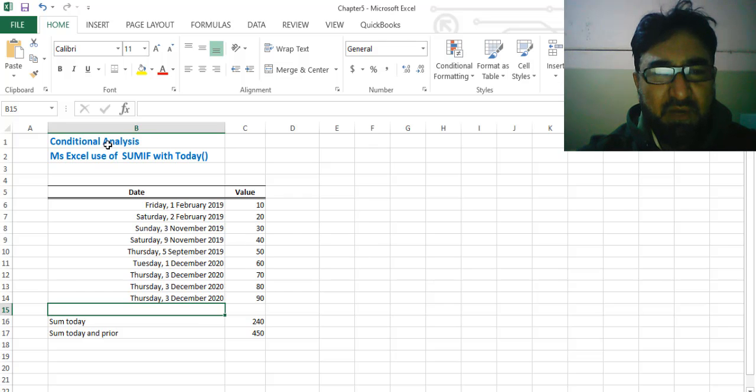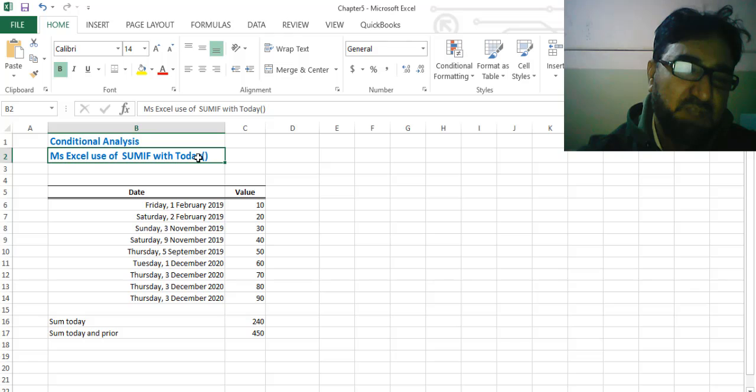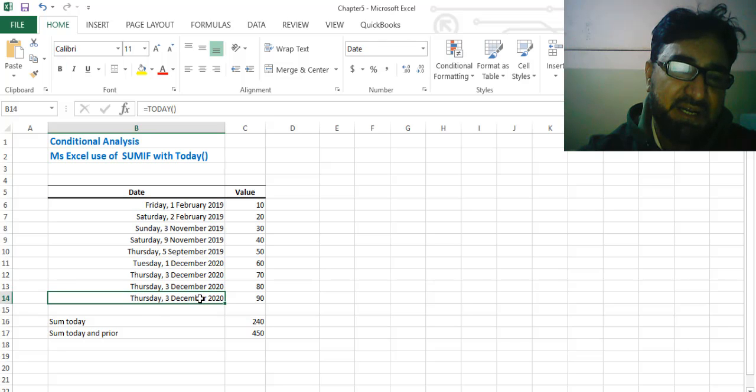Here we are going to focus on conditional analysis, MS Excel use of SUMIF with TODAY. We know that the TODAY function inserts the current date.